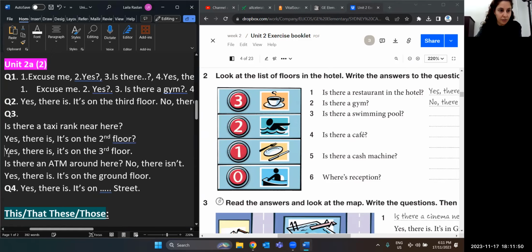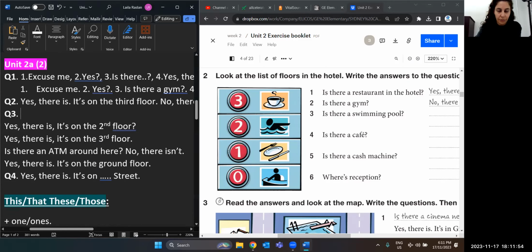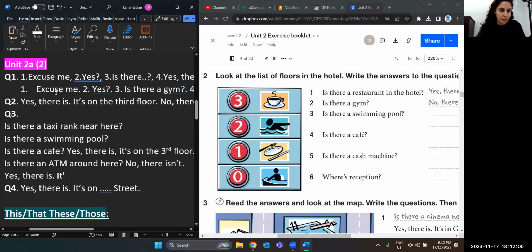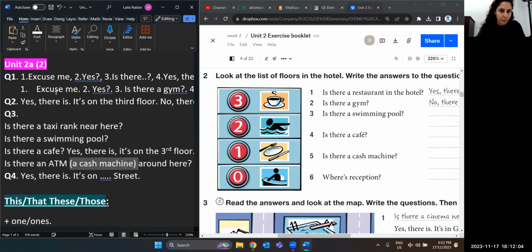It's on the 3rd floor. I think these were for the wrong ones.